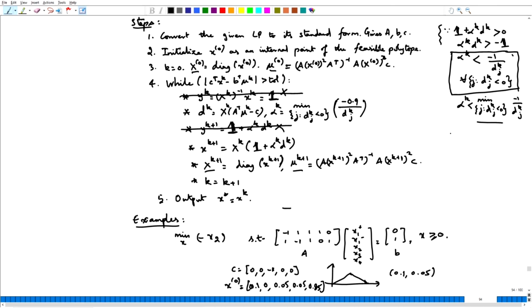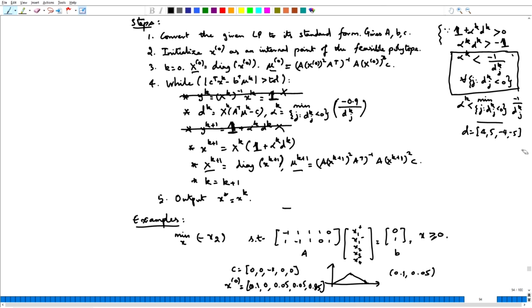Say you have d as a 4 dimensional vector, which is 4, 5, minus 4, minus 5. You will only choose minus 4 and minus 5, and you have to choose alpha as the minimum of minus 0.9 by minus 4, comma, minus 0.9 by minus 5, right.